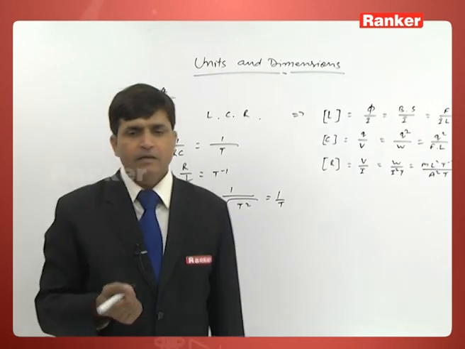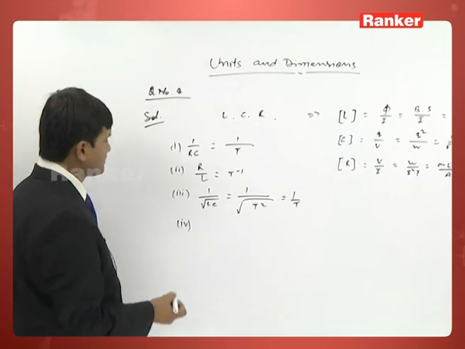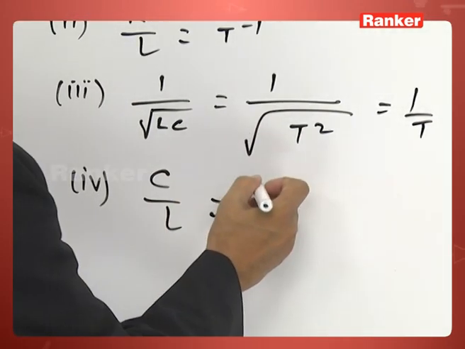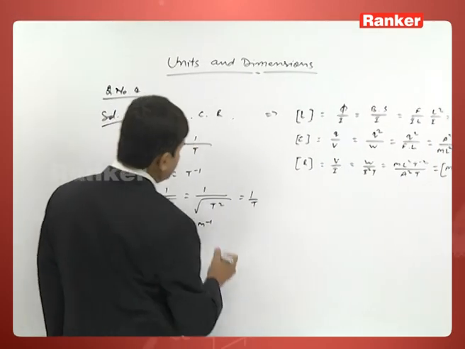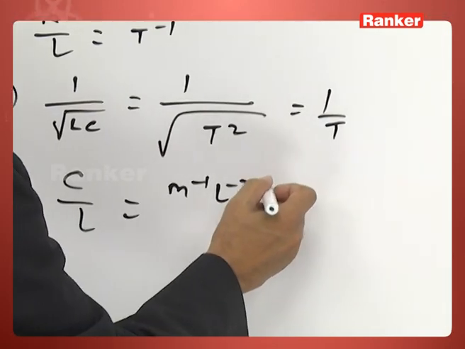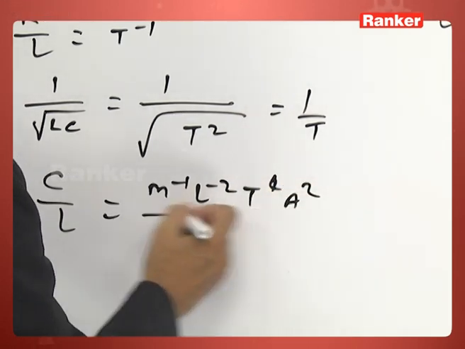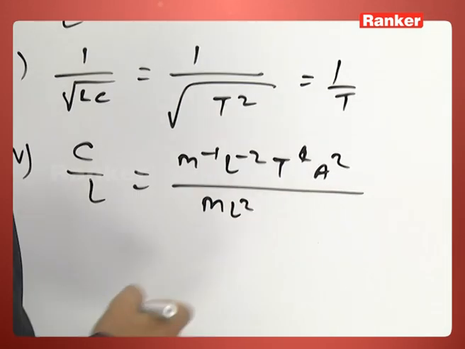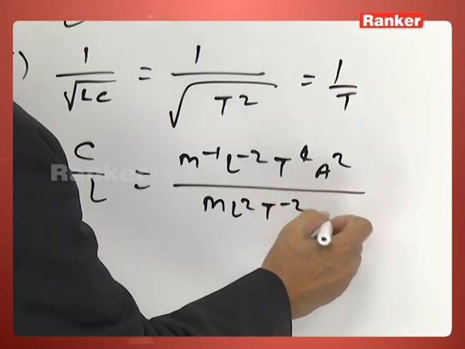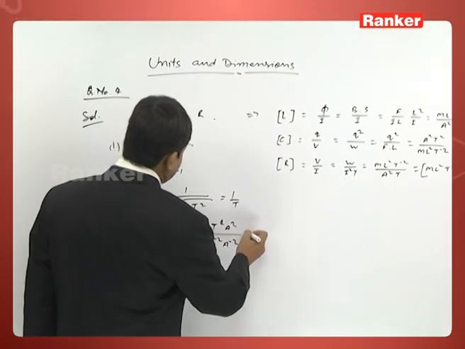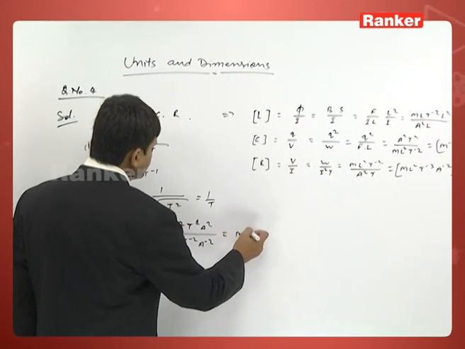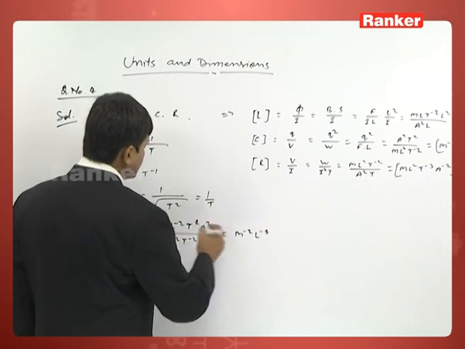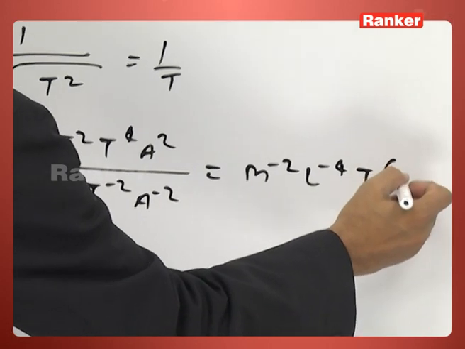But when we look at the fourth option, C by L, the dimension of C is M minus 1 L minus 2 T4 A2, and the dimension of L is M L square T minus 2 A minus 2. Now check it. This gives M minus 2 L minus 4 T6 A4.